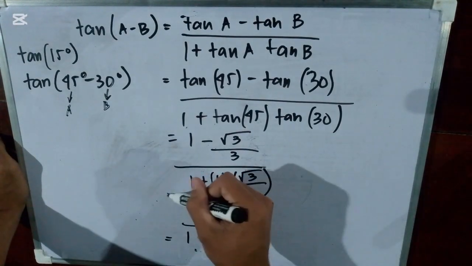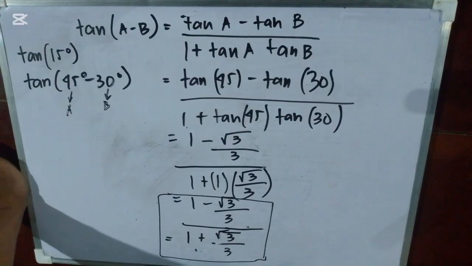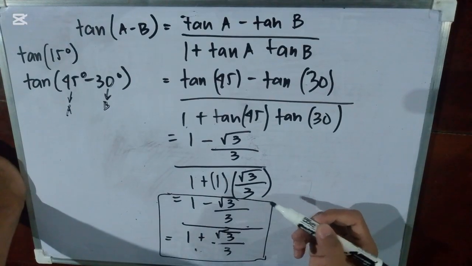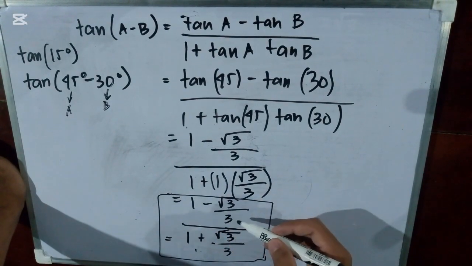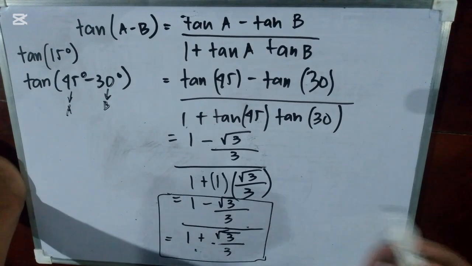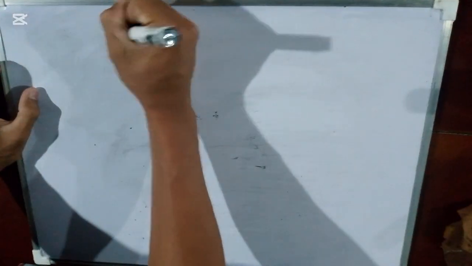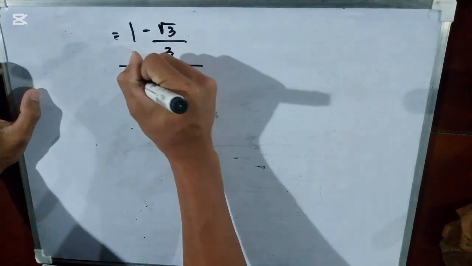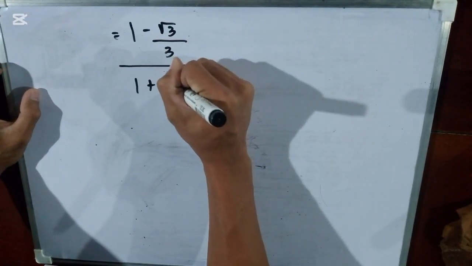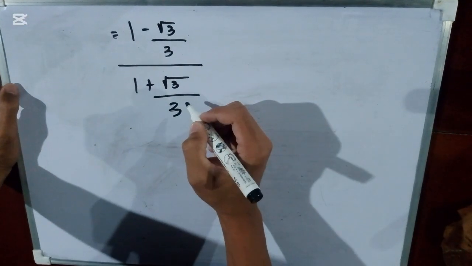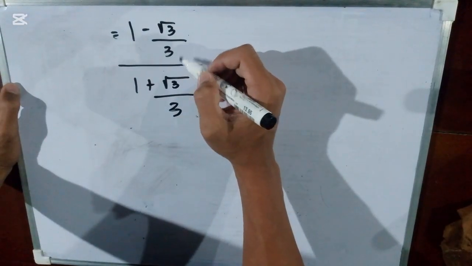All we need to do is multiply the two complex fractions with the same common denominator. Now we have two complex fractions, the 1 minus root 3 over 3 and 1 plus root 3 over 3. All we need to do is multiply them with the common denominator.